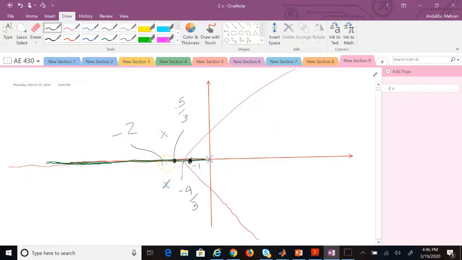So 3 branches. Here I have 2 complex, and the angles of departure from the poles, if you remember, we calculated them: they were 63, negative and positive. And then I would hit the imaginary axis at the points of negative and positive square root 5.